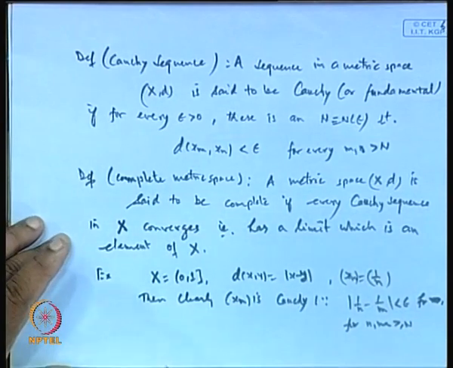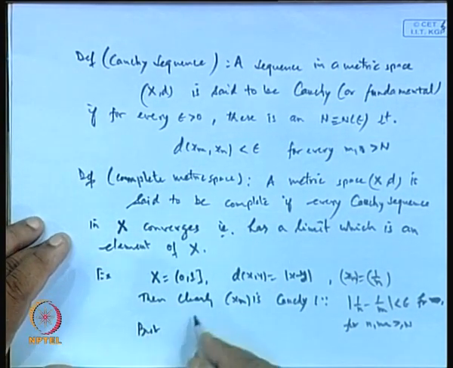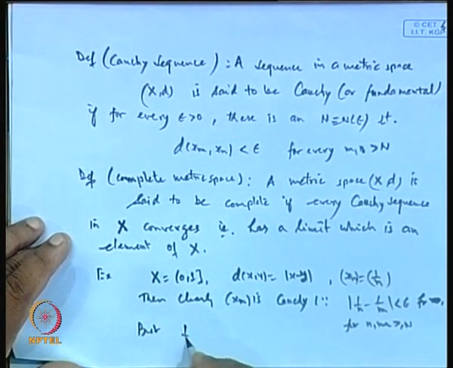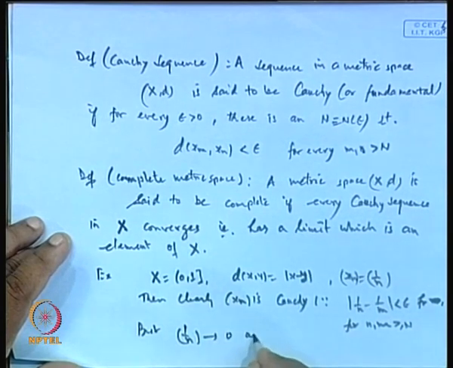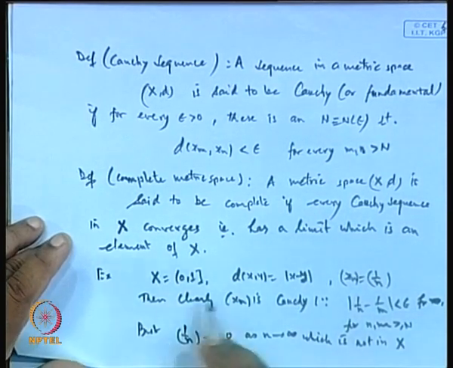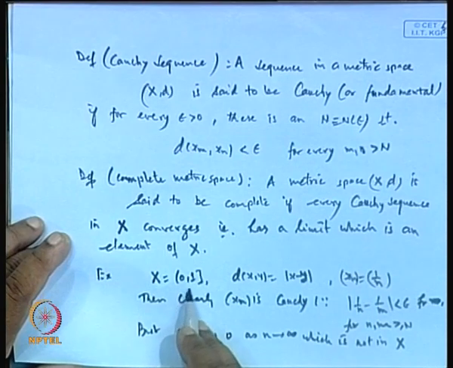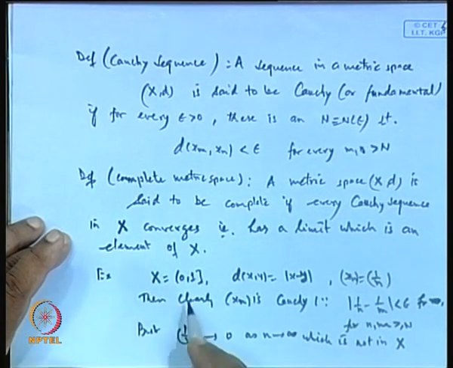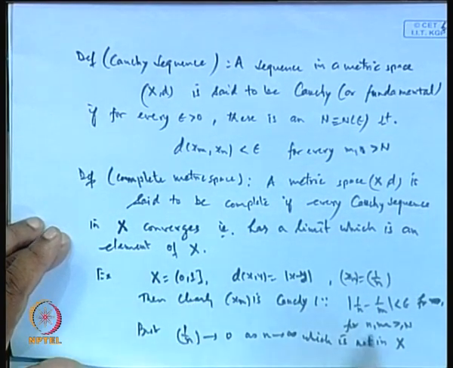So, it is a Cauchy sequence, but the limit of the sequence x_n equals 1 by n tends to 0 as n goes to infinity, which is not in X, because X is the semi-closed interval (0, 1]. Therefore, this Cauchy sequence is not convergent.